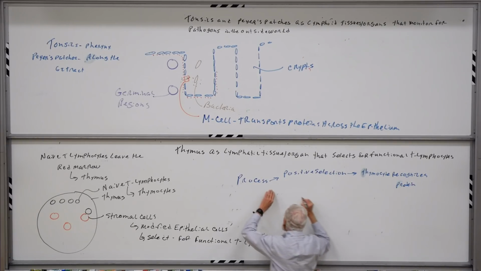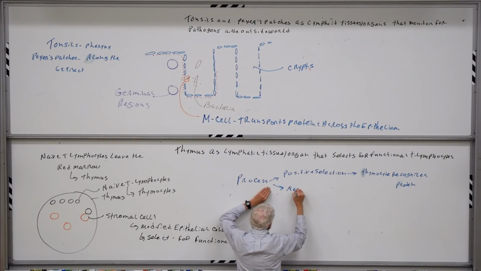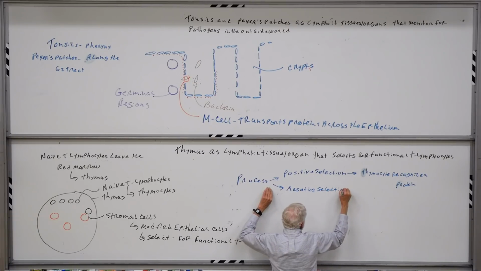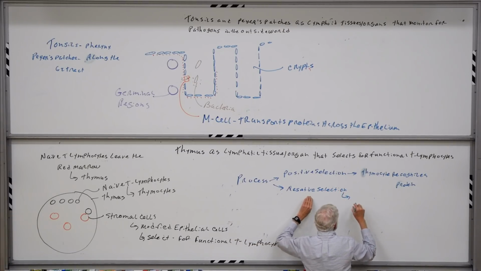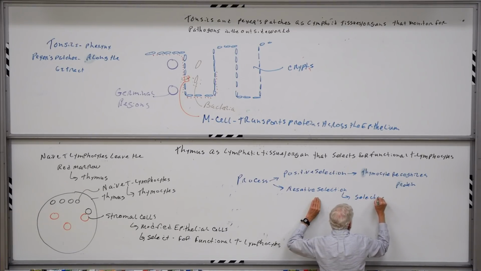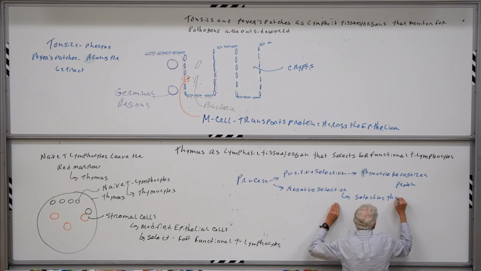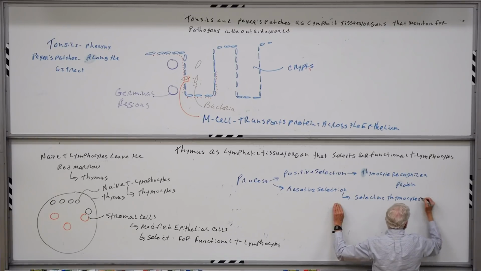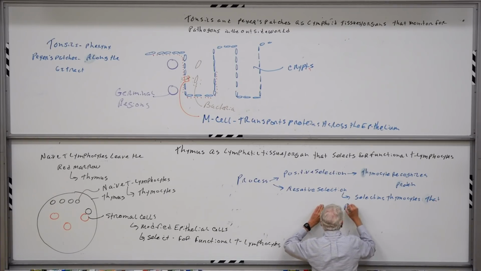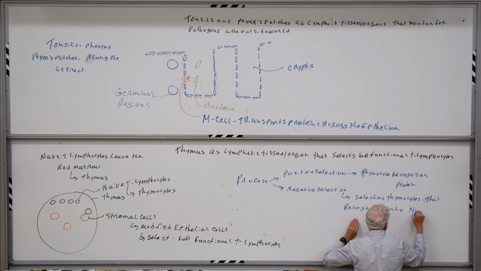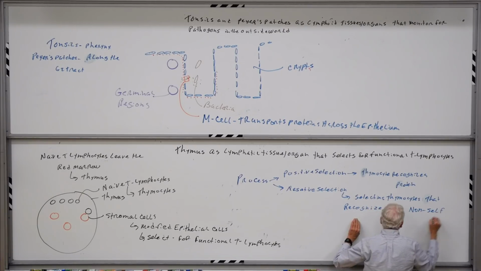But simultaneously, it's going through negative selection. And the negative selection is selecting thymocytes that recognize only non-self proteins.